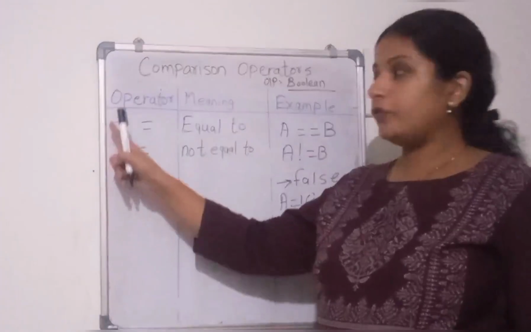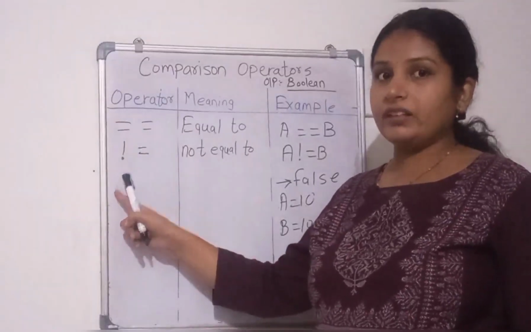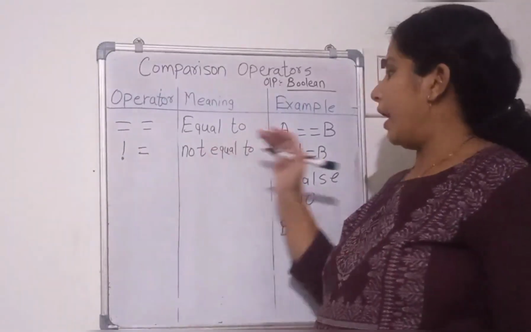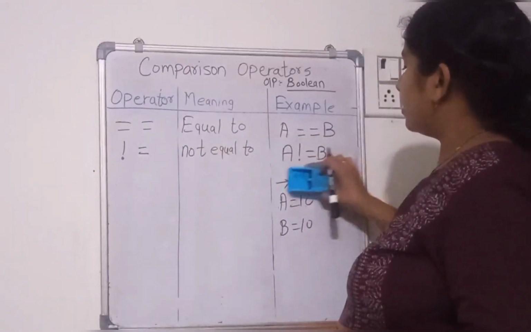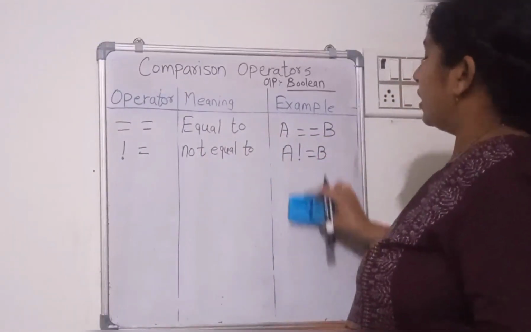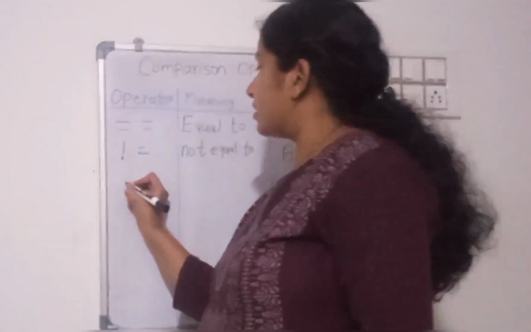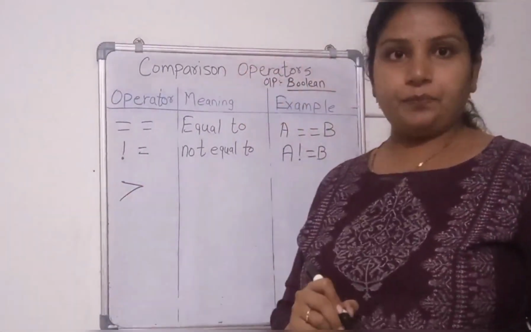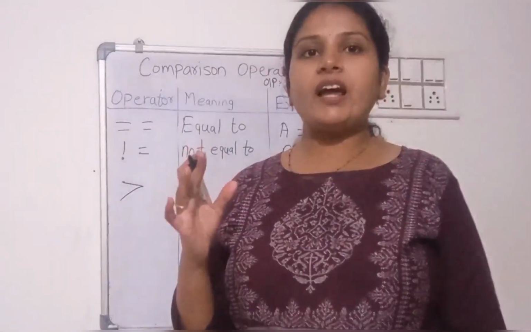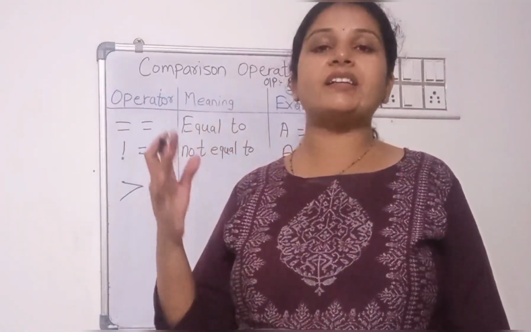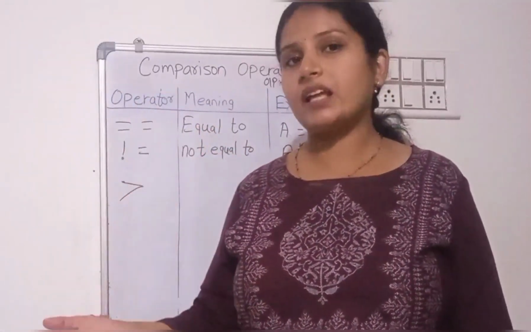Pay careful attention to the equal to sign and the not equal to sign. Those are opposite signs and you are getting the opposite result in them. Next comparison operator is greater than. Many times one value will be greater than another and one value will be less than another.